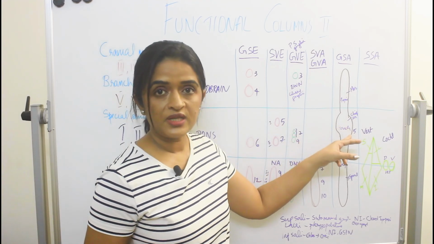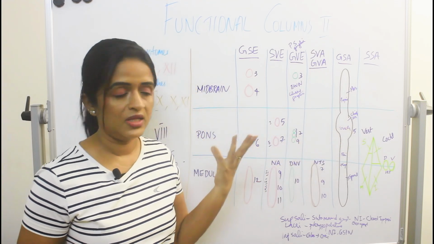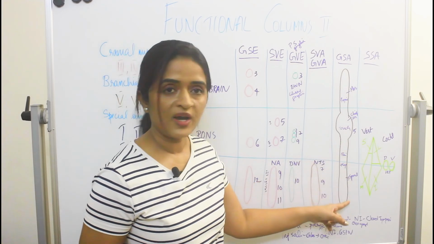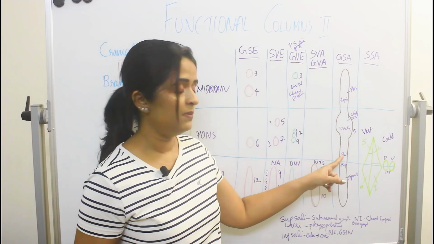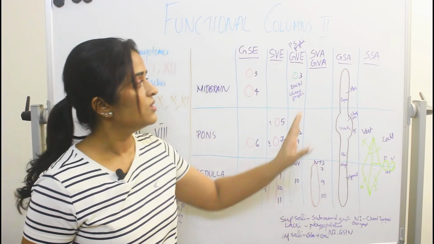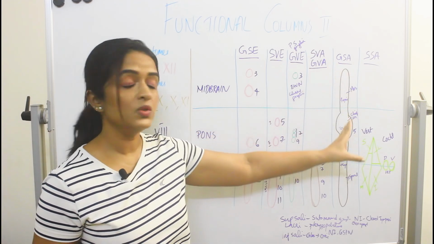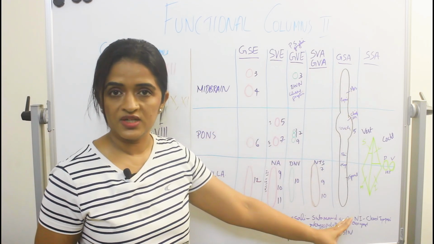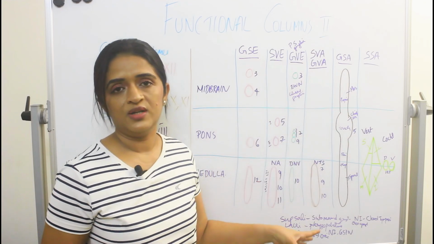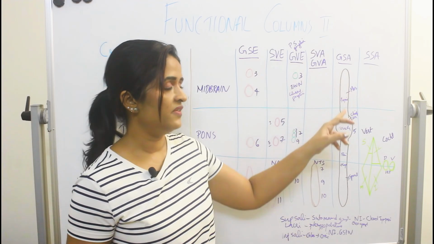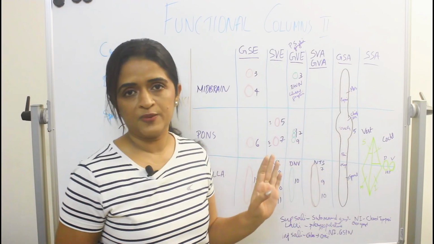The chief sensory deals with touch sensations, and the spinal nucleus deals with pain and temperature sensations. So that is about the general somatic efferent column, exclusively by the trigeminal nerve nucleus, which is spread throughout the brainstem as mesencephalic, chief sensory and spinal.